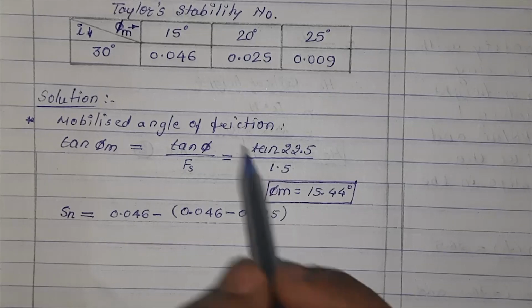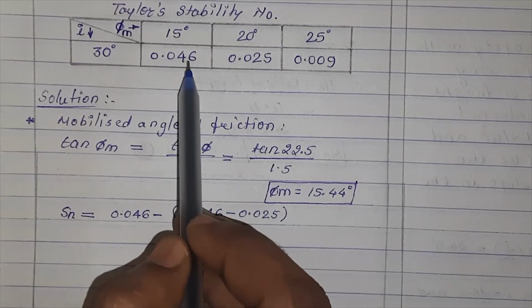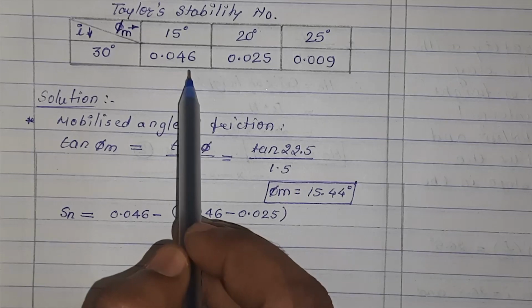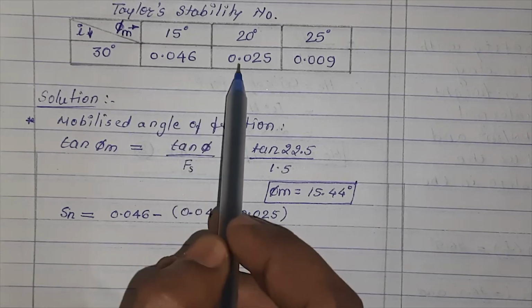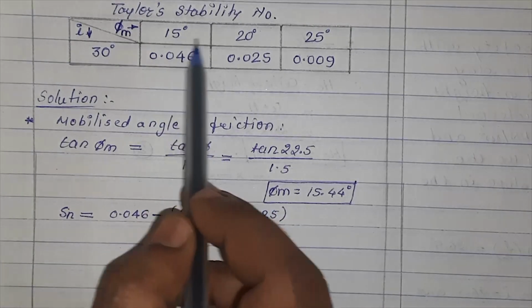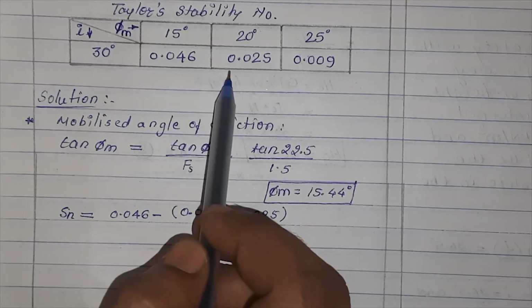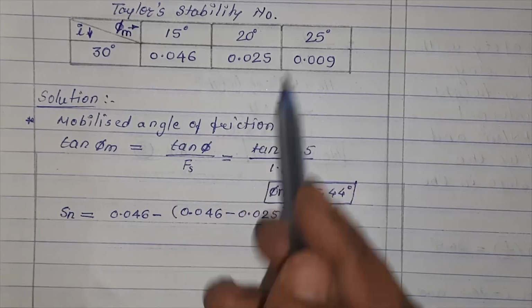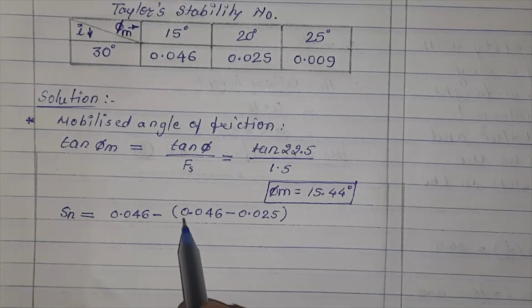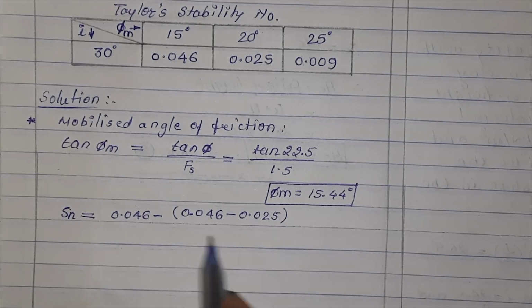Because phi m is 15.44 degrees. Hence, value of stability number will lie between 0.046 and 0.025. Therefore, consider angles as 15 degree and 20 degree for phi m and stability number as 0.046 and 0.025 for interpolation. Hence, 0.046 minus 0.025.